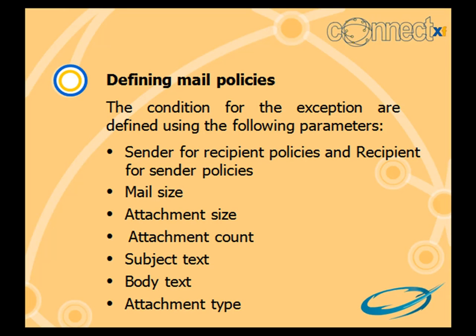The conditions for the exceptions are defined using the following parameters: sender for recipient policies and recipient for sender policies, mail size, attachment count, subject text, body text, attachment type.